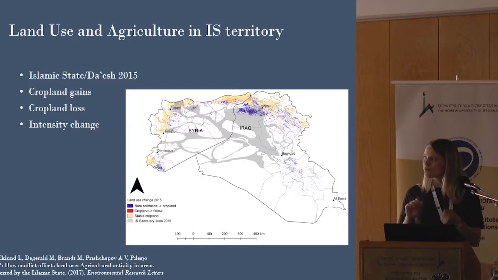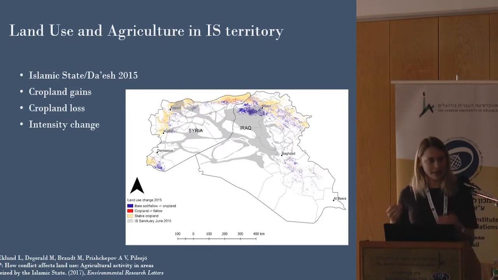So we said that this might mean that in the ISIS zone it's easier to access the materials needed to maintain this kind of more high intensity agriculture than outside in other parts, which, Syria and Iraq are also affected by conflict, so it's not only that things are happening in the ISIS zone, it's actually lots of other things. We just use ISIS as a lens to look at it.